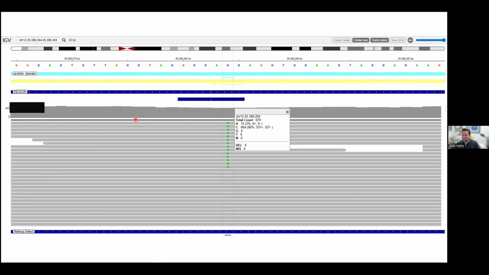So these are actually vertical gray bars that are all blending together. Gray bars of a certain height mean it's covered to a certain amount. And as you can see here, selecting our region of interest, we covered this region 679 times. Each of these horizontal gray bars is one unique read.